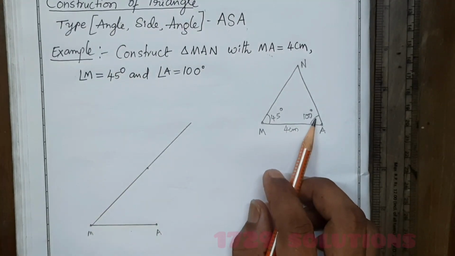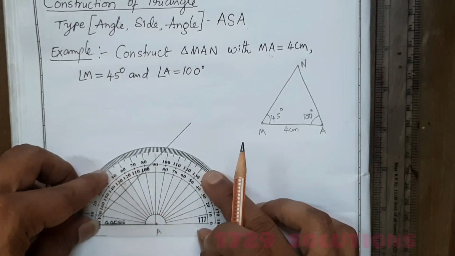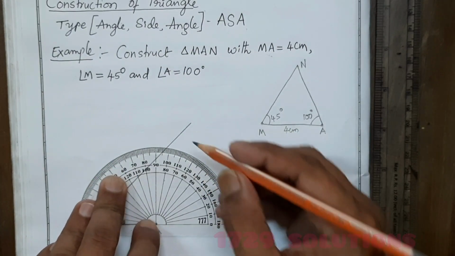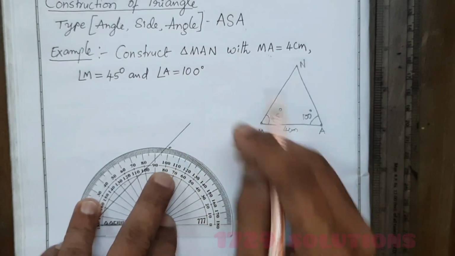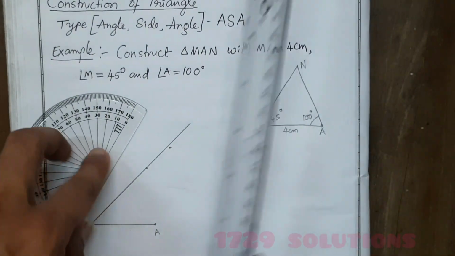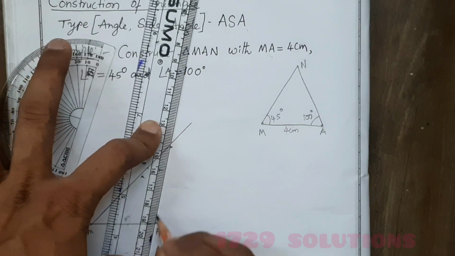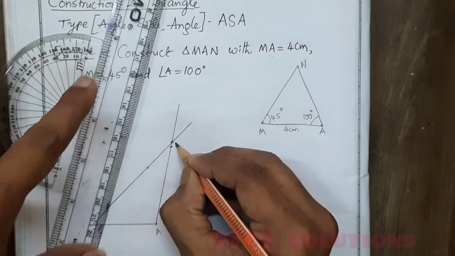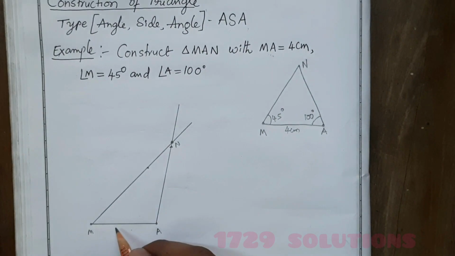Next, you need to take 100 degrees from A. 100 degrees is nothing but an obtuse angle. In a rough diagram it may look acute, but that doesn't matter. 100 degrees is more than 90 degrees, so you should take it like this. Now join again with that point from A. Automatically the line will intersect the previous line, and the intersecting point is called N. So this is the required triangle.